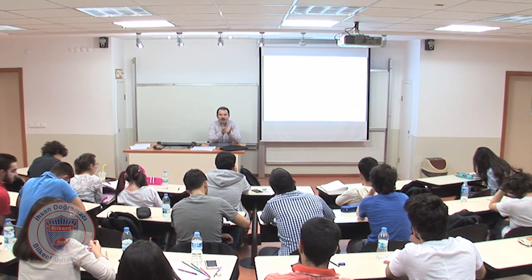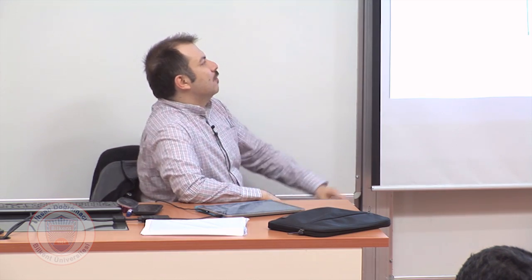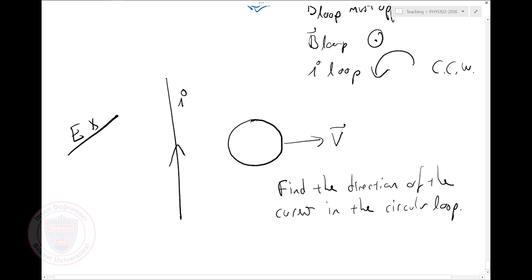So let's try to understand the mechanism. Why should there be a current in that loop? And it's not too hard. First of all, what's the function of the wire here? It's creating the magnetic field. Which way is the magnetic field created by this wire? I can find it by my right hand rule.